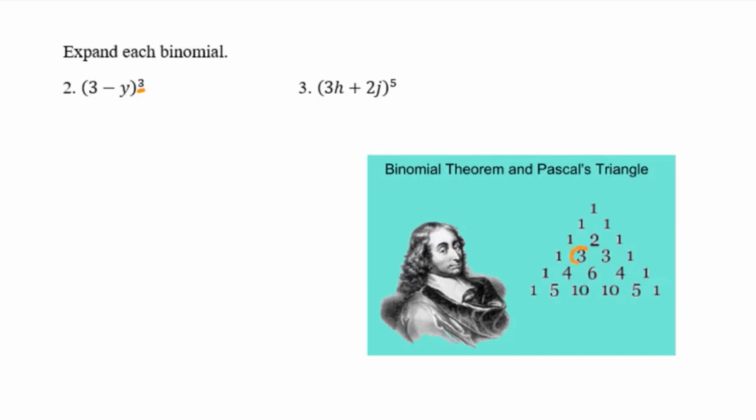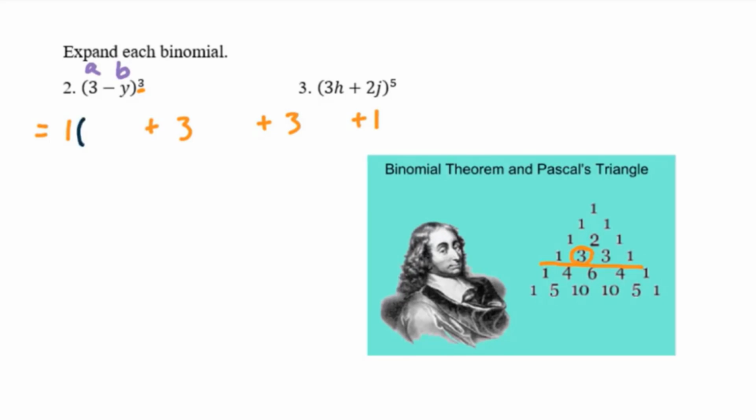We can also use a Pascal triangle since this is a third power. That means this row is 3. This will be the binomial coefficient. Therefore, I write down 1, 3, 3, 1. We still count this is a, this is b.